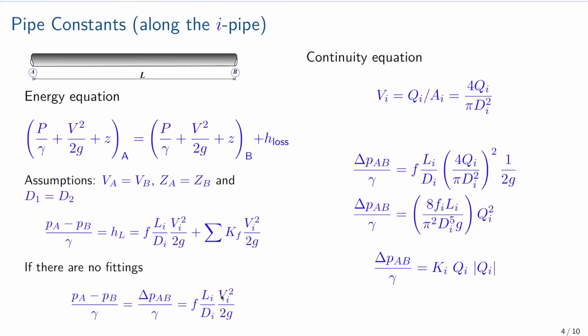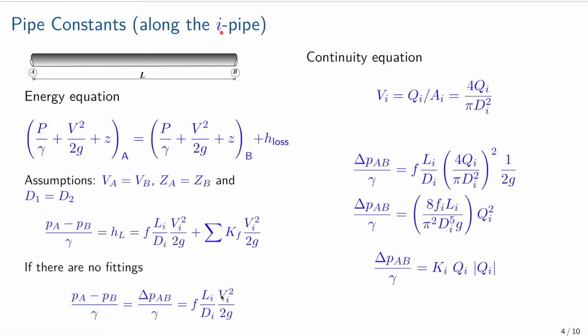Okay, before going into the equations for the loops, let's have a look at the equations in a pipe. We have already done this a few times, but let me consider again a single pipe. We have from point A to point B, and L is the length of this pipe.